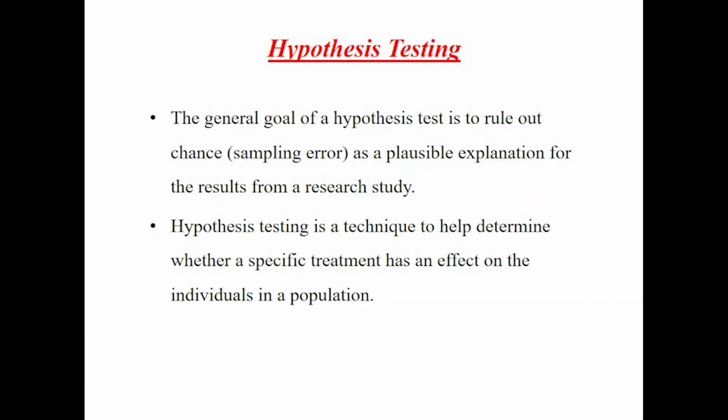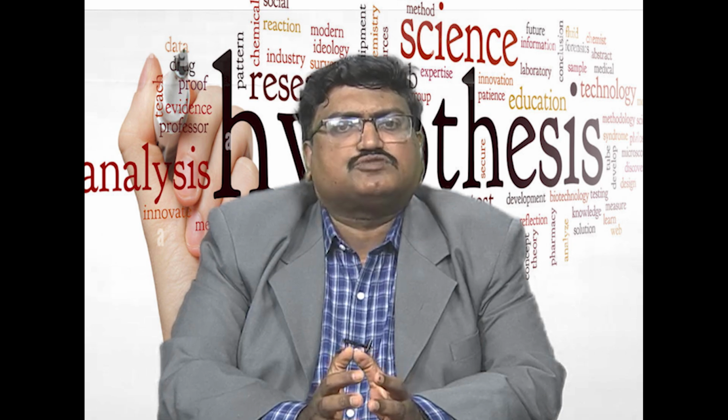When we reject the null, we are accepting the alternate hypothesis. So, the general goal of a hypothesis test is to rule out a chance explanation for the results from a research study. So, hypothesis testing is a technique to help determine whether a specific treatment has an effect on an individual belonging to a particular population.